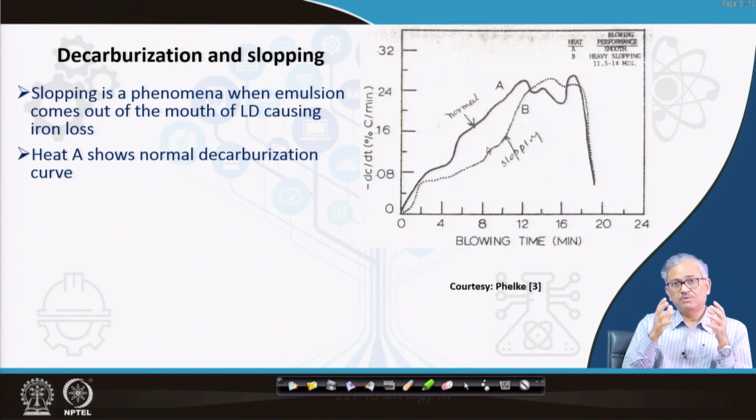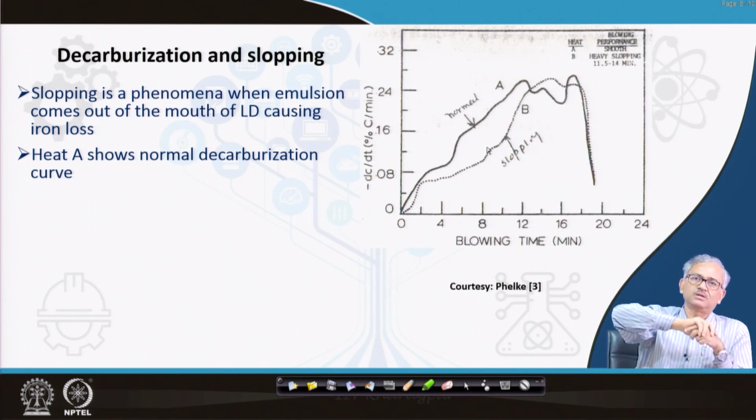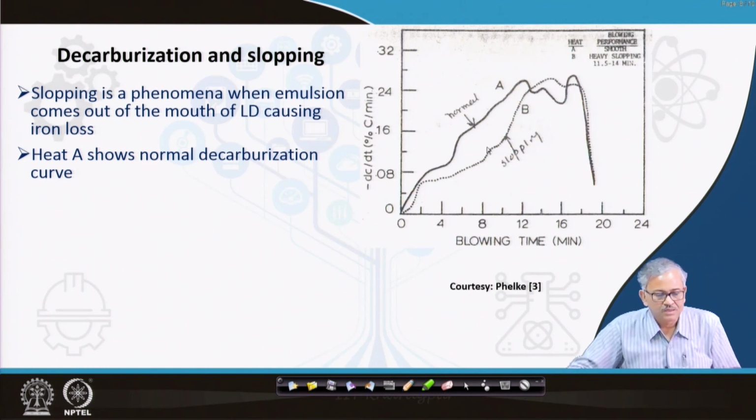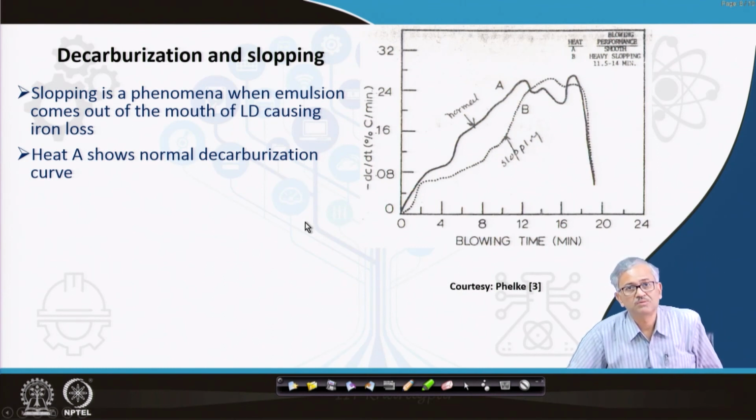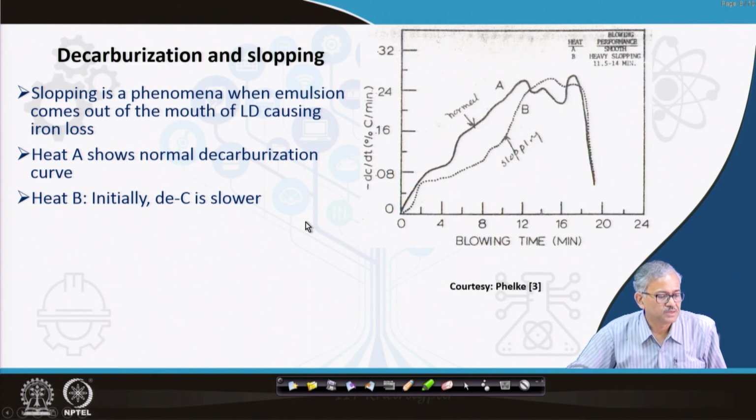So, if you do not have proper mixing, then sometimes it can happen. The liquid moves in the lower part and some packet comes and joins the upper part of the vessel, and then from there it joins the emulsion phase and then there is a sudden burst in the decarburization rate, and that can give rise to the slopping phenomena, right.